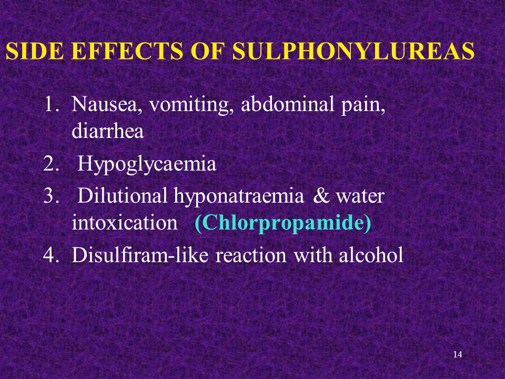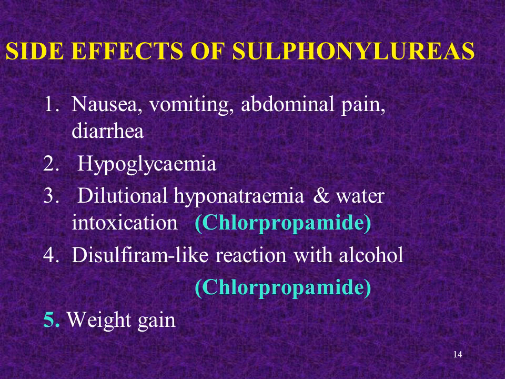Then disulfiram-like reaction. If these drug groups are taken with alcohol, you have gone through the chapter of CNS depressants in which we have covered alcohol in detail. So we'll be revising what a disulfiram-like reaction is, and it is also seen with chlorpropamide. Weight gain because of insulin.